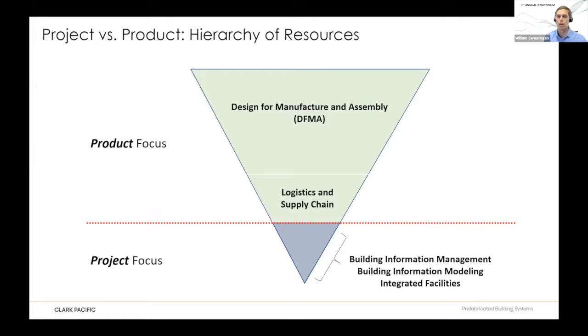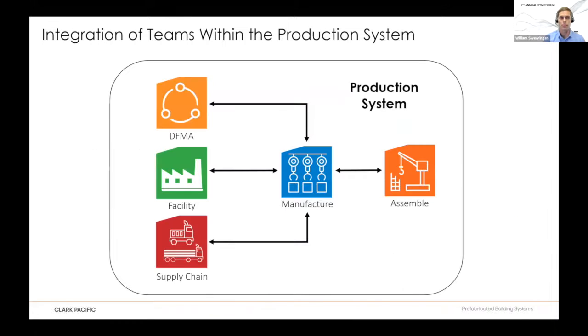I'll share a little about what that means in terms of integration with our teams. But what we're seeing is that by focusing on a DFMA approach, it's injecting a manufacturing acumen into the delivery of our projects even further upstream, into our design and architecture teams, than we had seen before we decided to move towards a product focus.